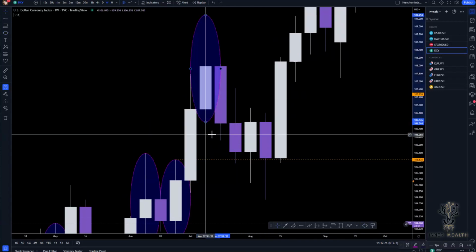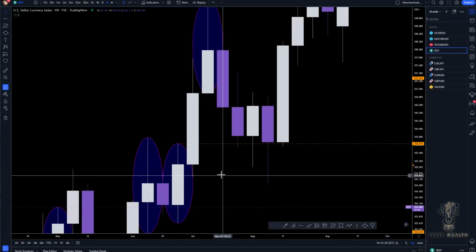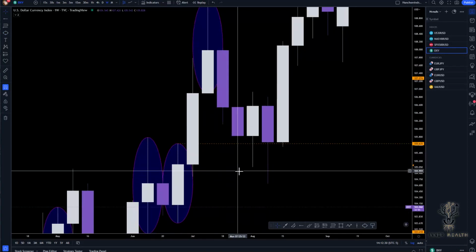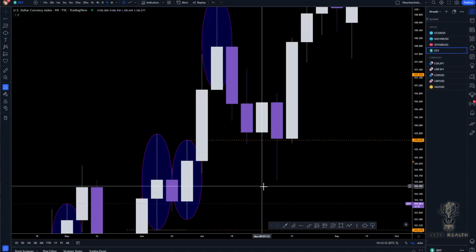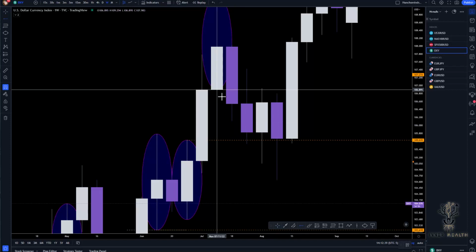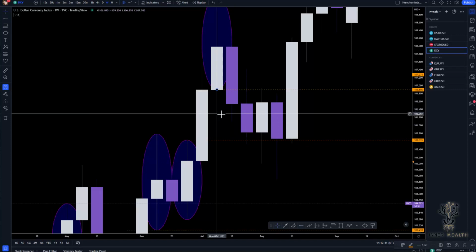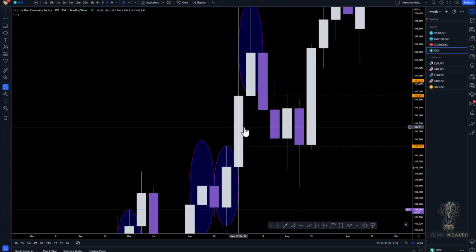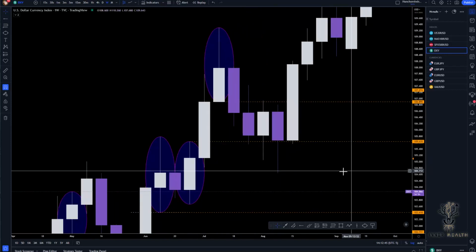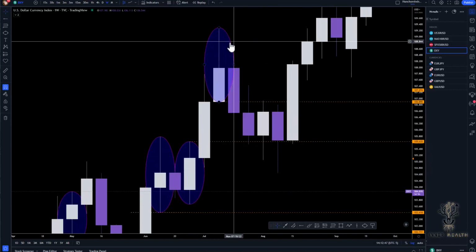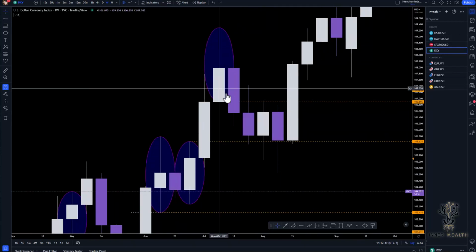Okay, now it is important for you guys to realize that an imbalance is not created until that third candle is fully closed. Once that third candle is fully closed, then you can determine that that is an imbalance. We can anticipate imbalances, but we cannot predict them until that candle is fully closed.